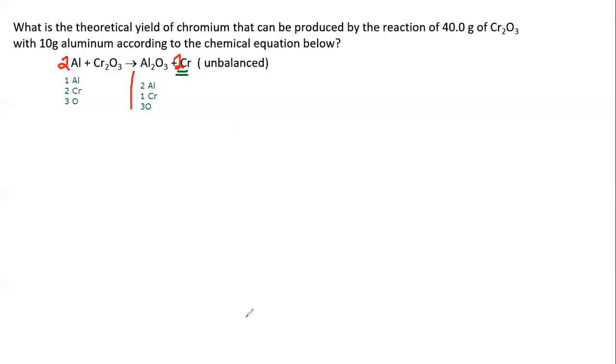So again, we're going to need some molar masses. I'll go ahead and do those. So molar mass of aluminum, 27 grams per mole.